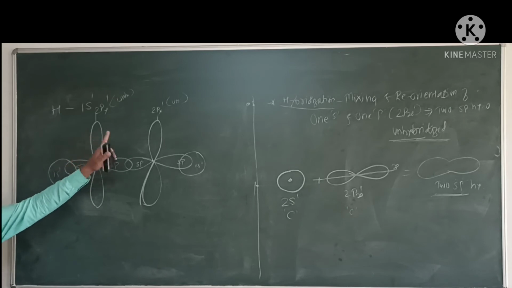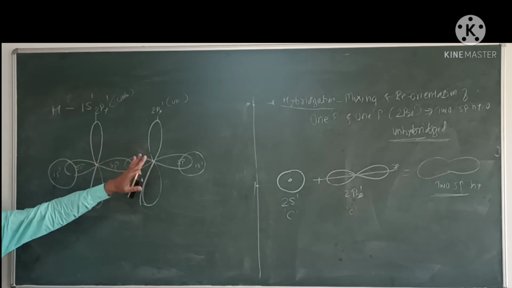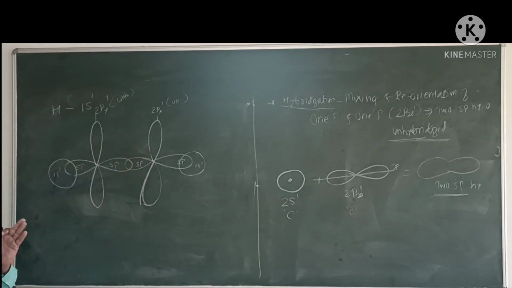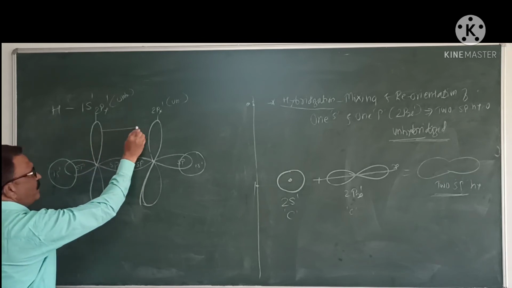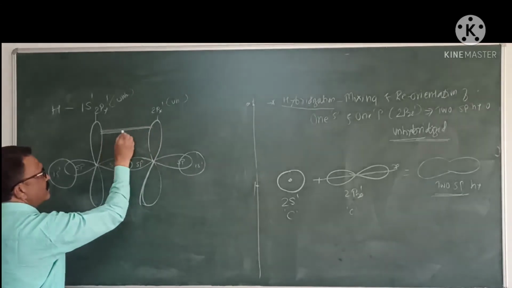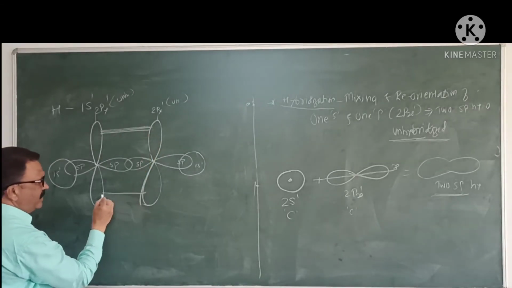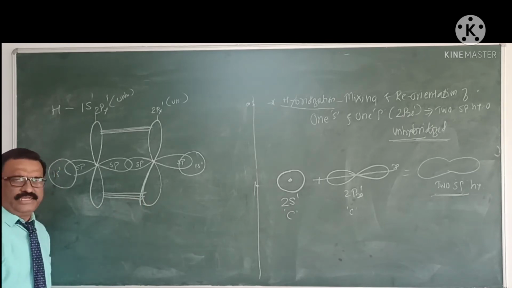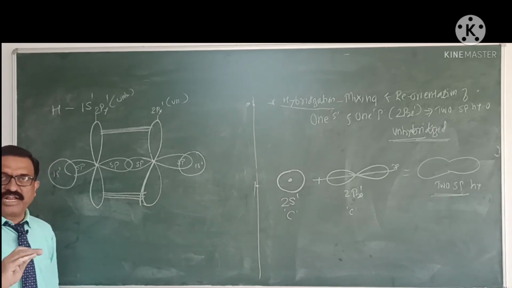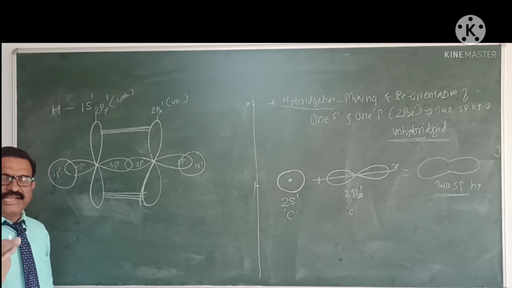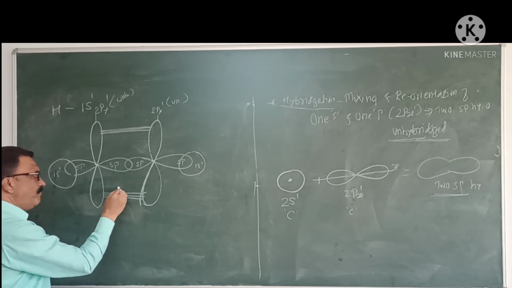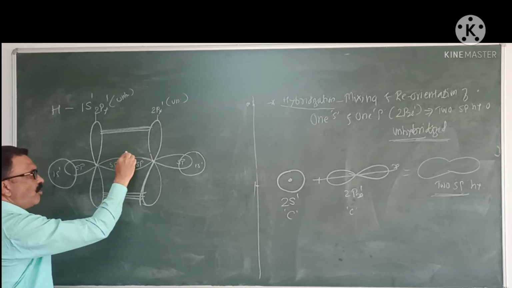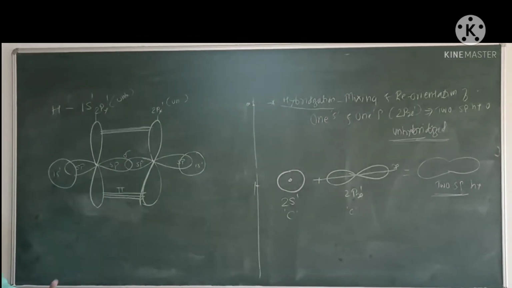These 2py1 and 2py1 of both carbon atoms overlap sidewise or laterally. A sidewise or lateral overlapping is overlapping in which the extent of overlapping is minimum, and a weak bond, that is a pi bond, is formed here between the two unhybridized orbitals.